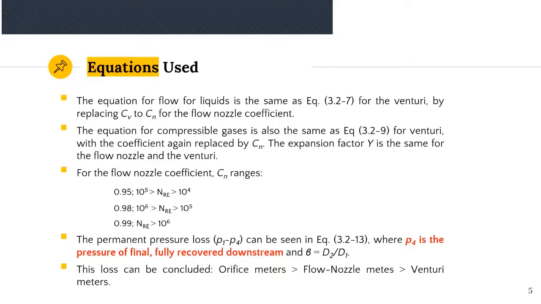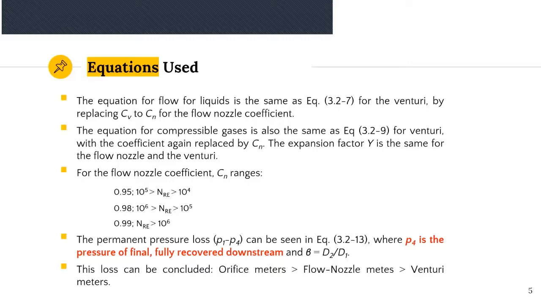The biggest loss will be obtained if we use orifice meters, because there is no nozzle and there is no tube there. That's why the turbulence will be very high, so the pressure loss will also be higher as compared to the flow nozzle and venturi meters.